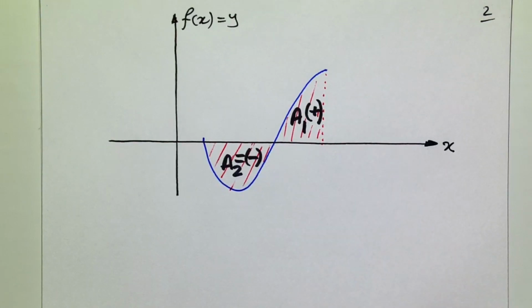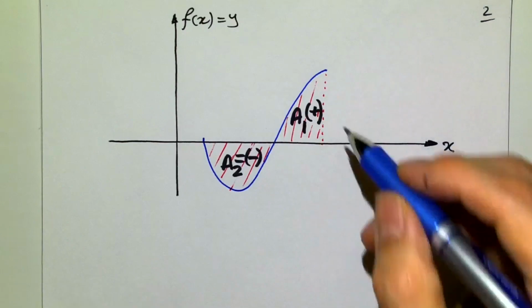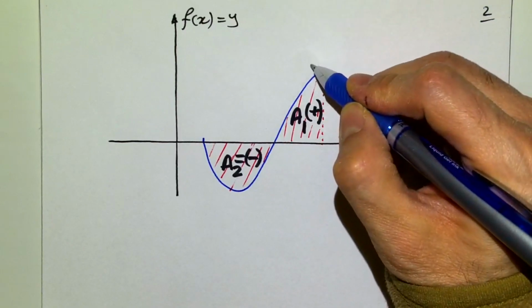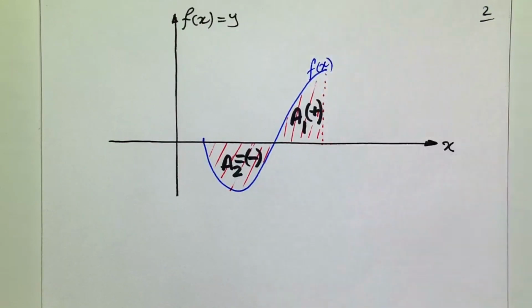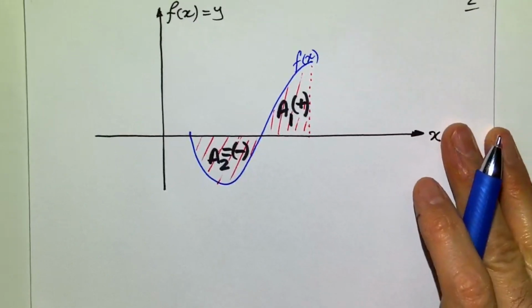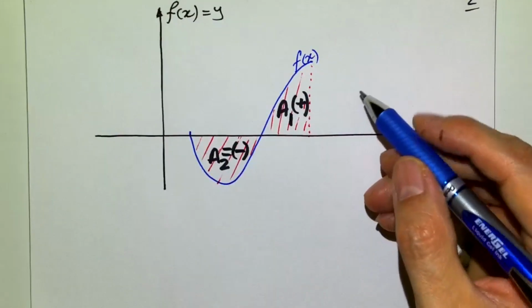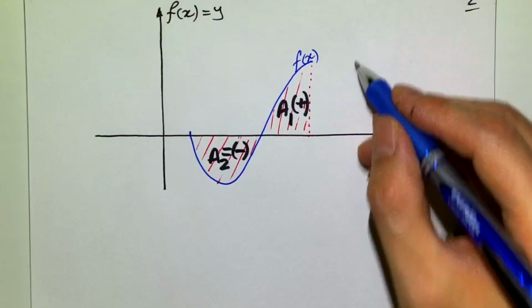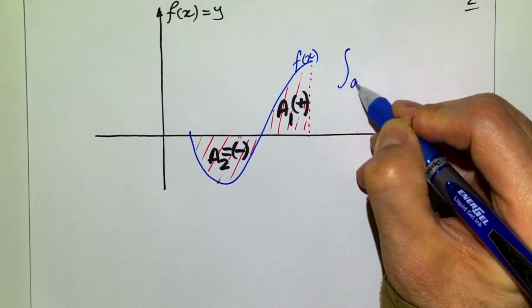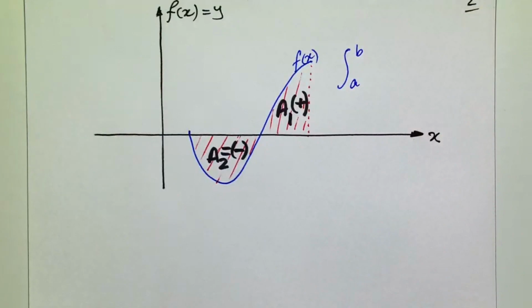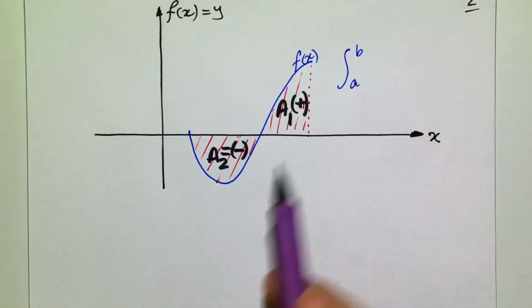If this is some function f of x, then the integral would be from a to b, and I should identify what a and b are on this graph.